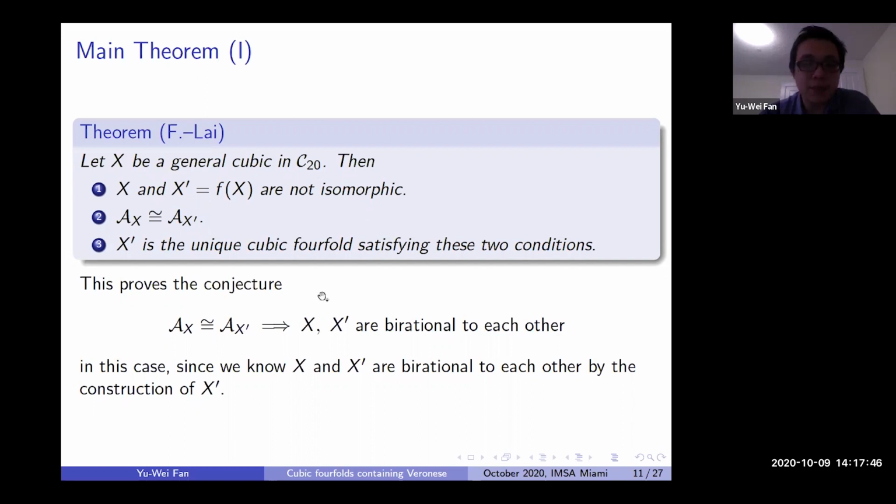So this implies that X and X prime are birational by our construction of X prime, because that's the image of this Cremona transformation.